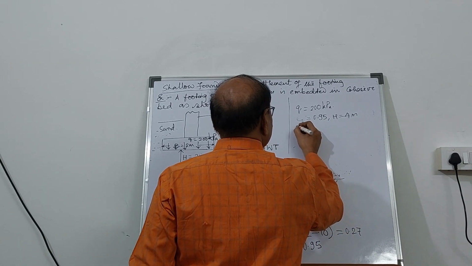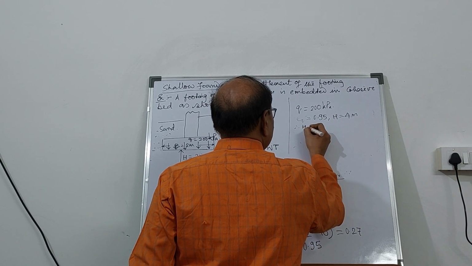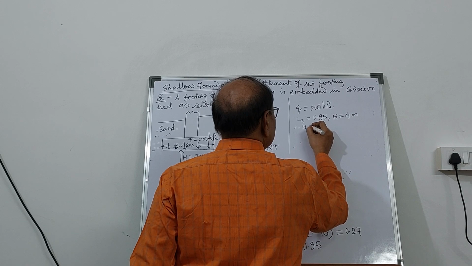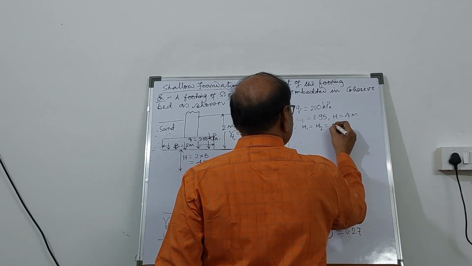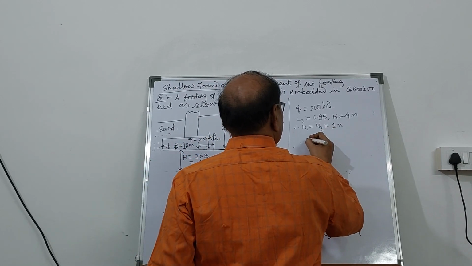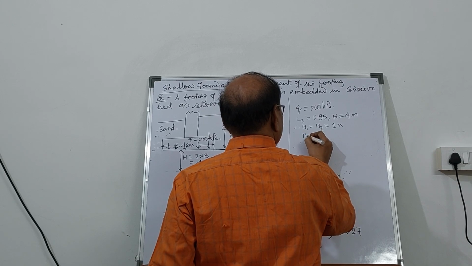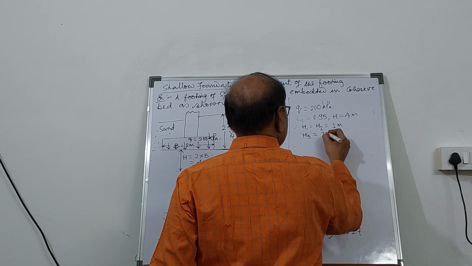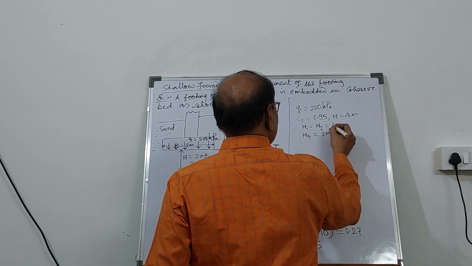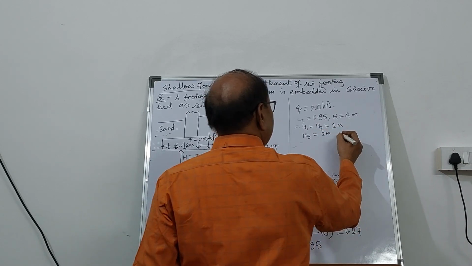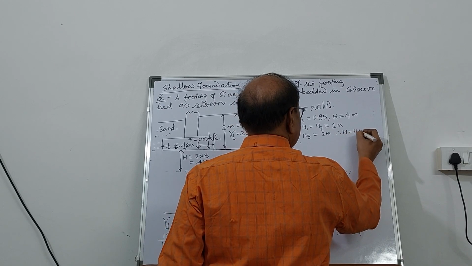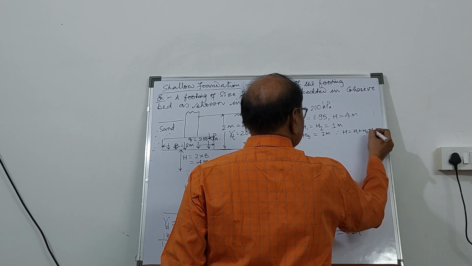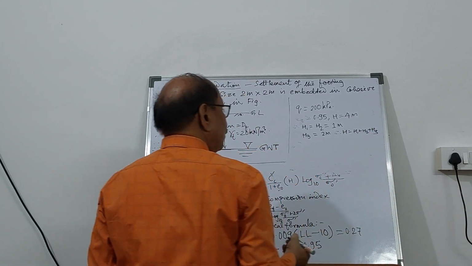Therefore, divide into 3 parts. Therefore, H1 equal to H2 can be kept as 1 meter each, and H3 can be taken as 2 meters. So total 1 plus 1 plus 2, H equal to H1 plus H2 plus H3 equal to 4 meter.